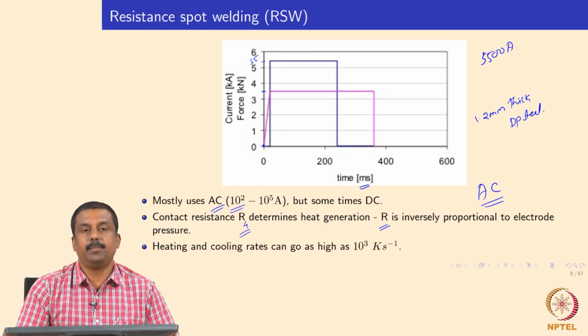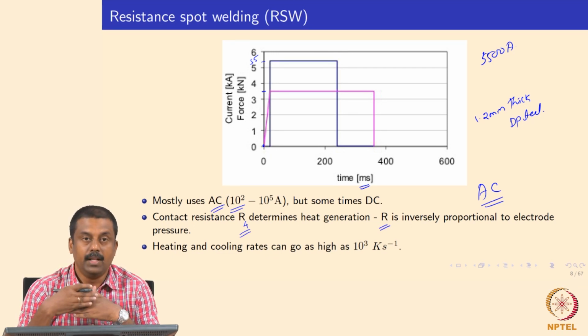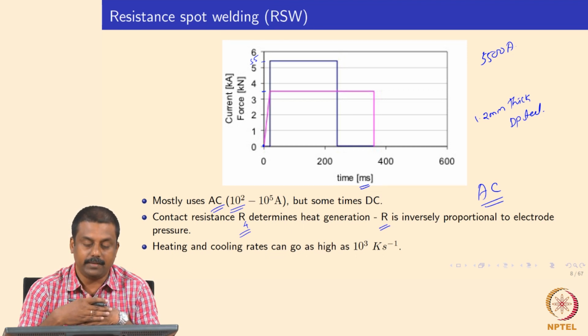If you press it really hard, you may induce some plastic deformation at the faying interface. Then the air resistance and surface morphology change, your contact area becomes more coherent, and that may lead to a decrease in the contact resistance.